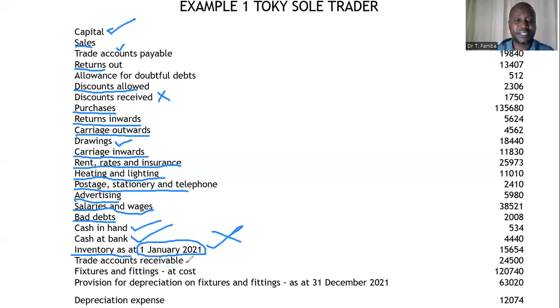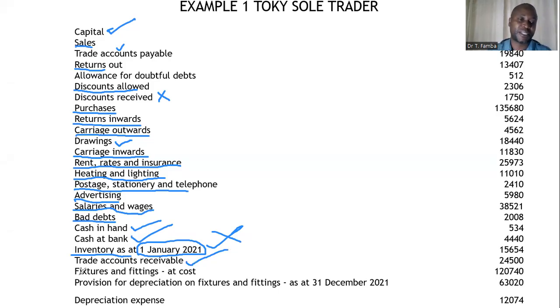Sorry, this is an item for the statement of financial position. What happens with trade accounts receivable is that we will have sold to our clients on credit or on account. So the sum of all the account balances from our clients will give us the trade receivable figure.